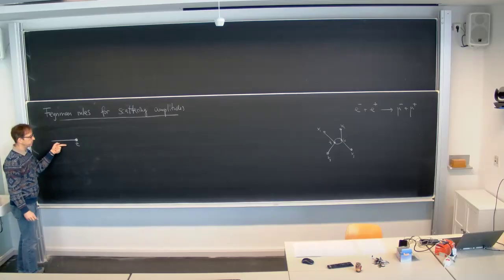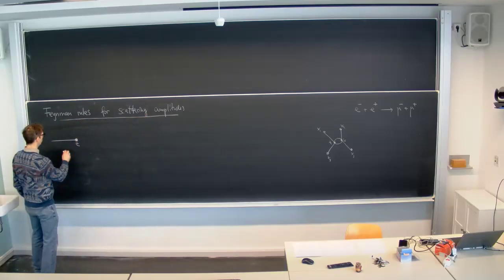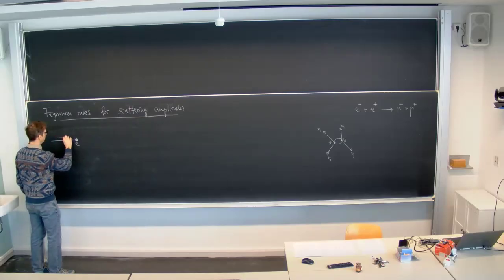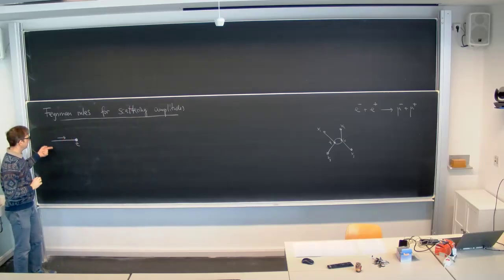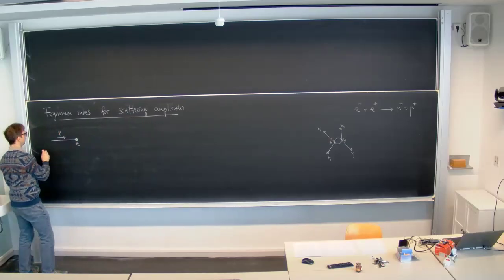This is where the particle comes in, and I label these lines now with the momenta, because I'm talking about scattering amplitudes. The answer will be a function of momentum. And so I'm drawing an arrow. If it's going into the vertex, it says it's an incoming particle. So that's a scalar.